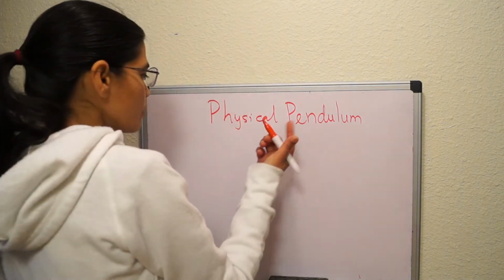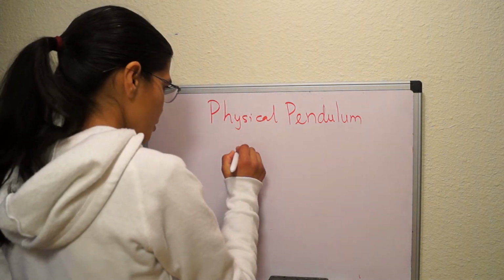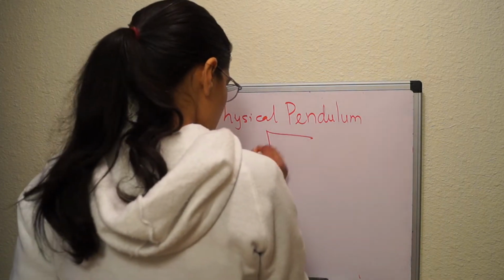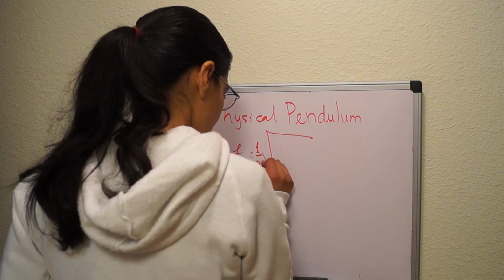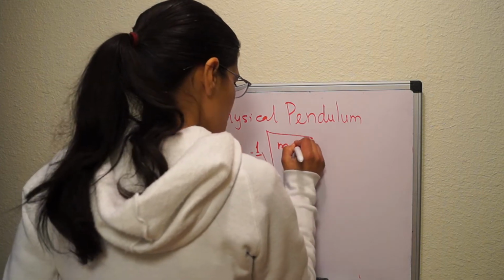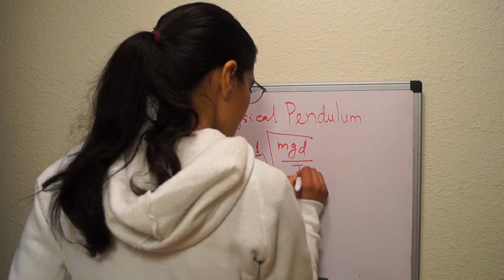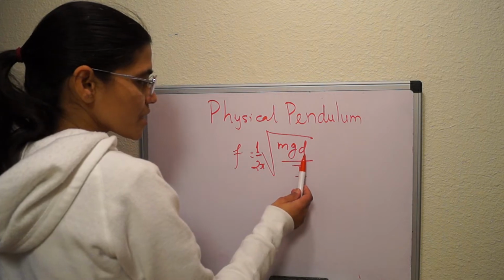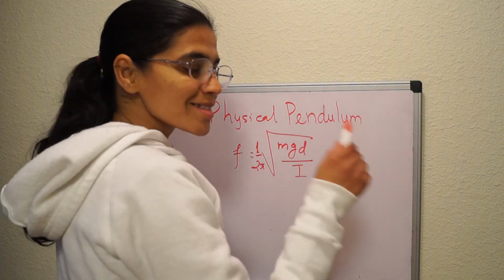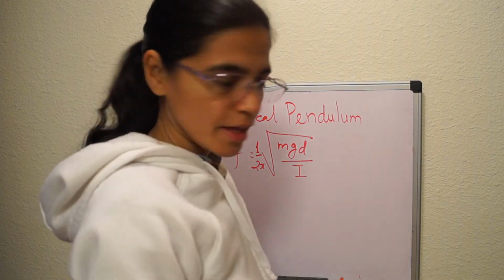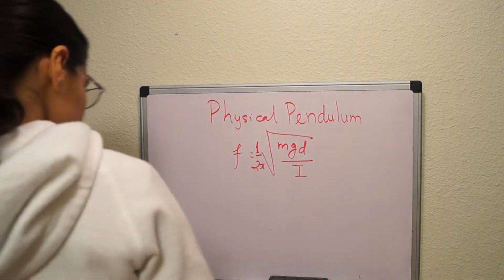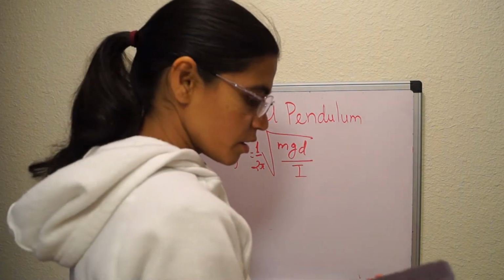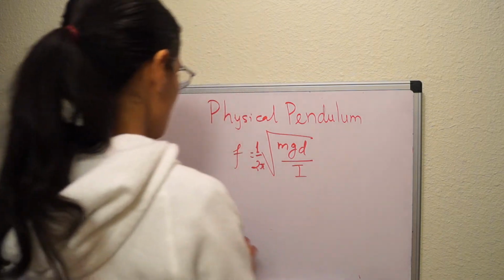And then we looked at the frequency of a physical pendulum, f equal to 1 by 2 pi times the square root of mgd by I, right? And we said m is the mass of the pendulum, d is the distance from the pivot to the center of gravity, and I is the moment of inertia of that object, okay? That is for the physical pendulum, and the physical pendulum is one of the systems that exhibits simple harmonic motion.